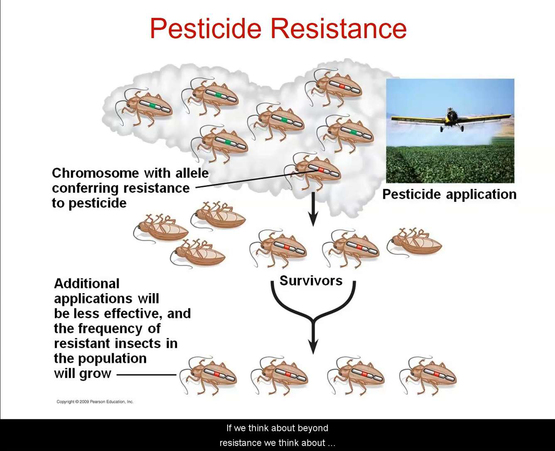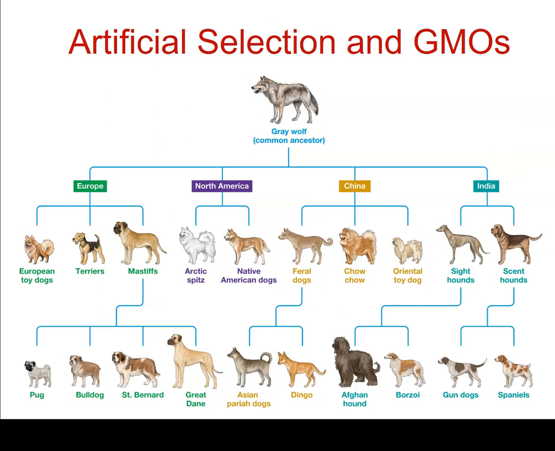If we think about beyond resistance, if we think about some of the things that we take advantage of on a daily basis, the things we eat, the companions that we have, you can see short-term evolution in action everywhere. Take, for example, your friendly, happy, loving dog.